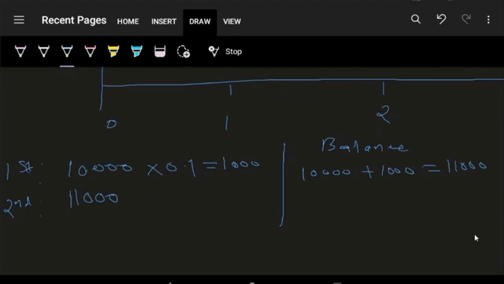In simple interest, we were earning on 10,000 in the second year, but in compound interest, we will earn on 11,000, so the balance amount at the end of the second year will be calculated accordingly.